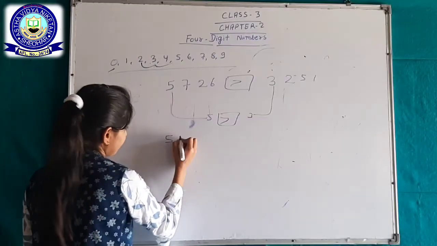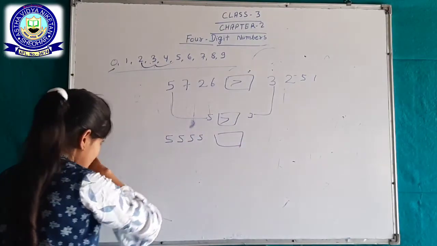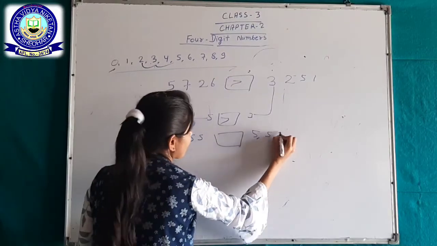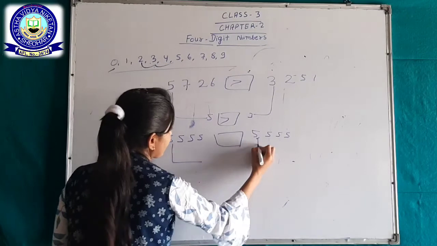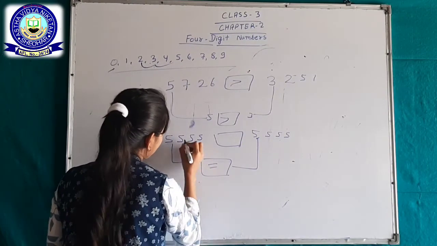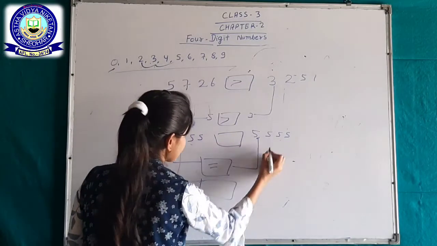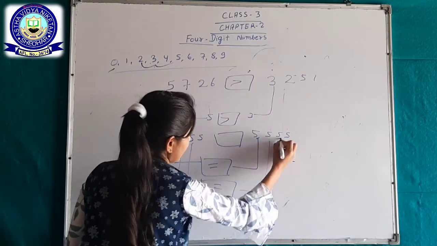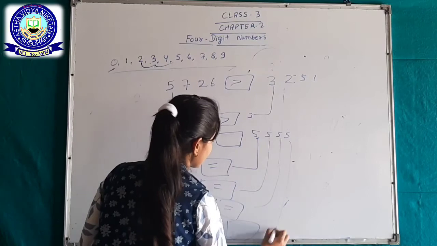And here is 5,555 and here is 5,555. You can compare these two numbers. Both are equal. This 5 and this 5 are equal, and these both are also equal, and these both are also equal.